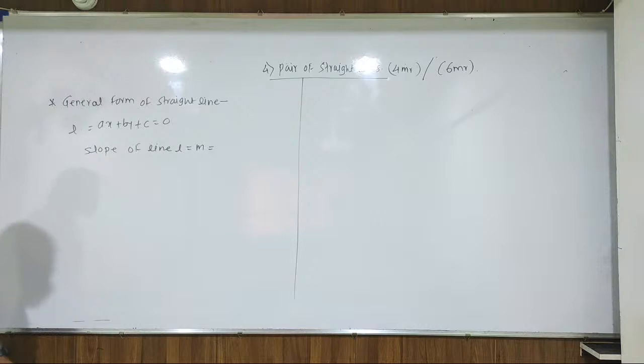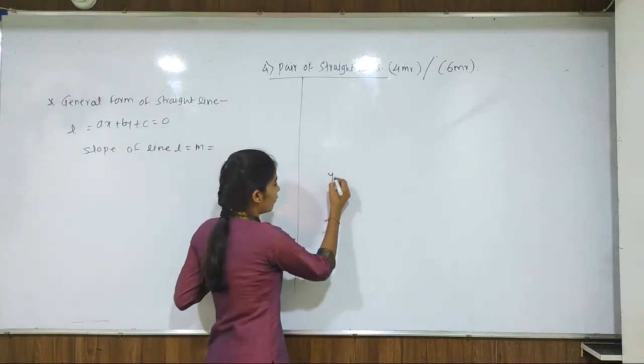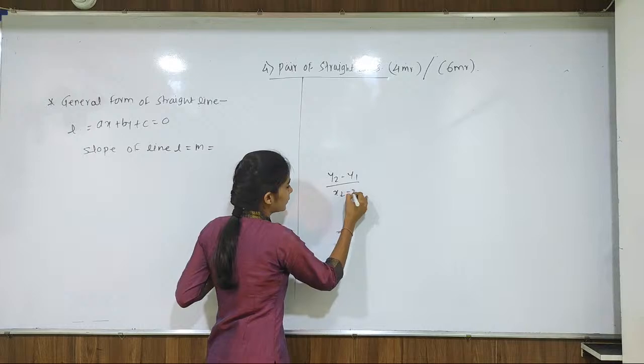y2 minus y1 upon x2 minus x1, it is also correct.